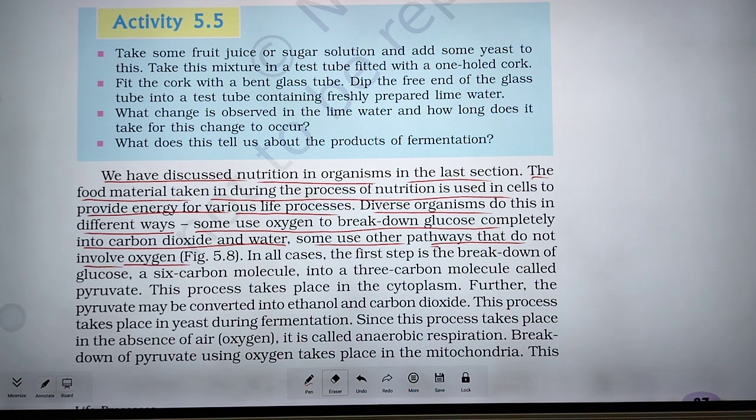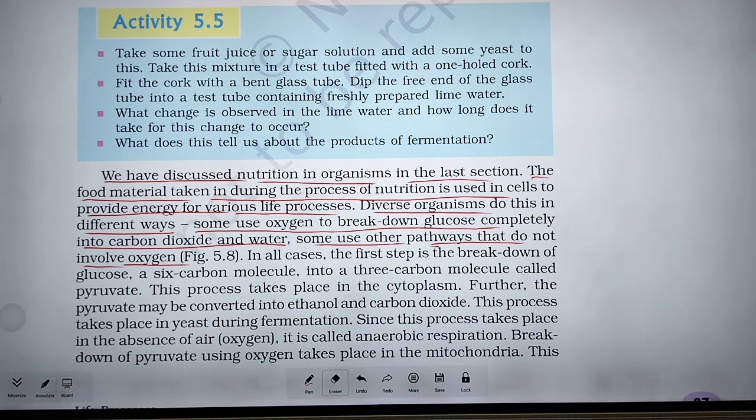Diverse organisms do this in different ways. Some organisms use oxygen to break down glucose completely into carbon dioxide and water, and some use other pathways that do not involve oxygen.